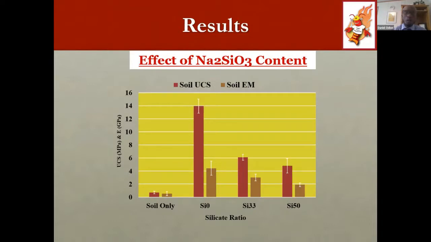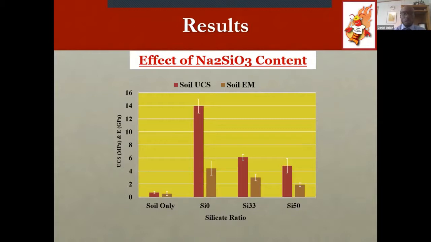So we also looked at the ratio of our silicate content and its effect on the UCS and elastic modulus. Looking at the increase in silicate content, we saw that it actually yielded a decrease in strength and a corresponding decrease in elastic modulus.